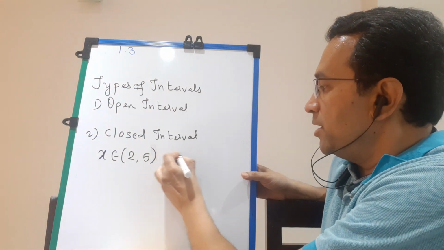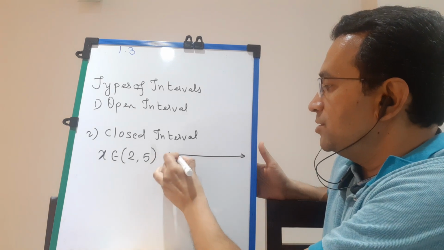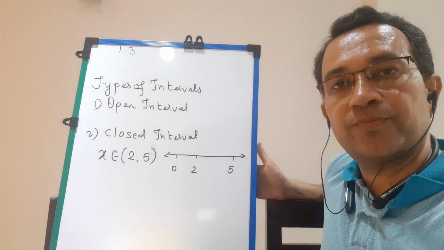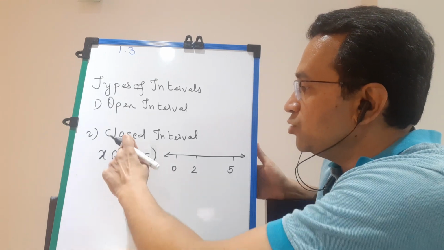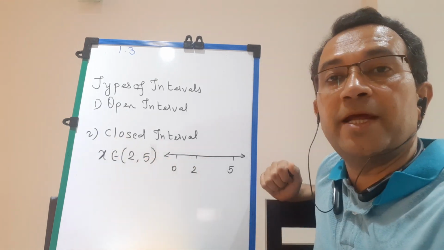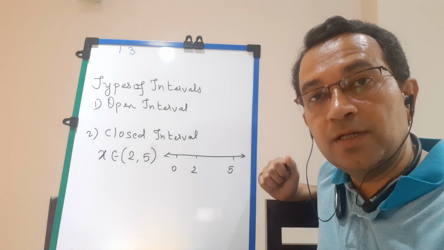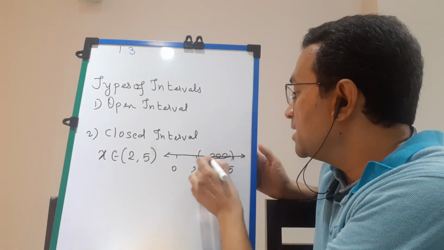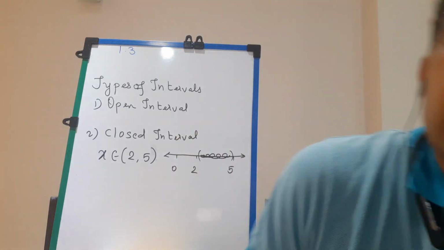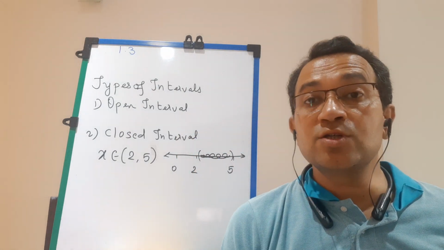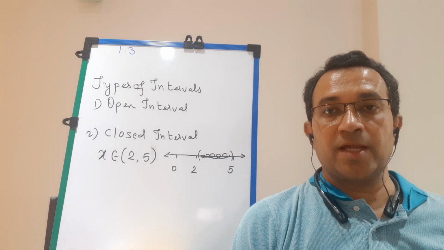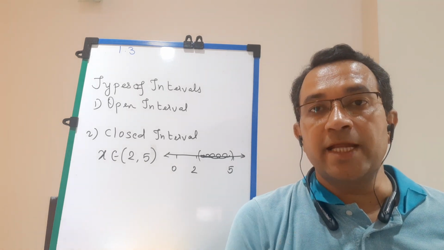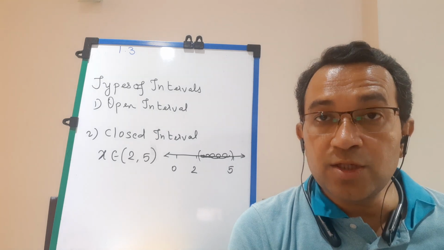Let us draw the number line. So this is 0, say this is 2, and say this is 5. Now if I say x belongs to (2, 5), the small brackets or simple brackets denote an open interval, meaning x includes any real number between 2 and 5 excluding 2 and 5. x cannot be 2, x cannot be 5, but x can be any real number between 2 and 5.